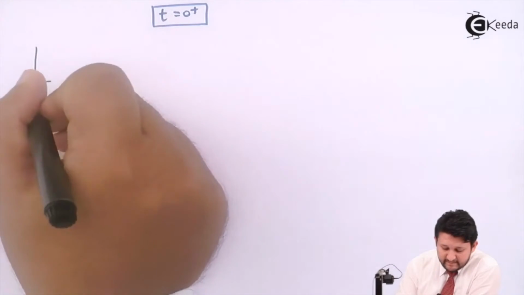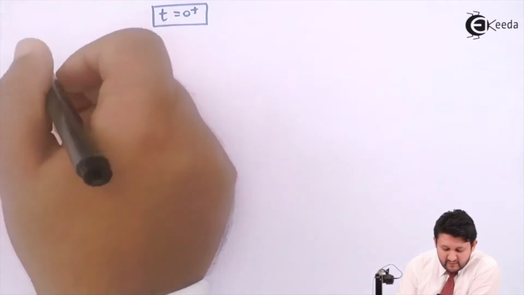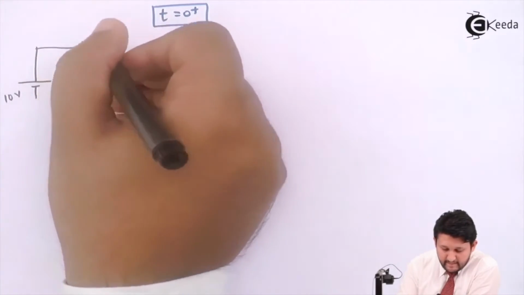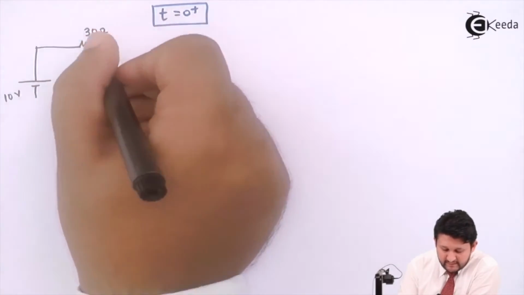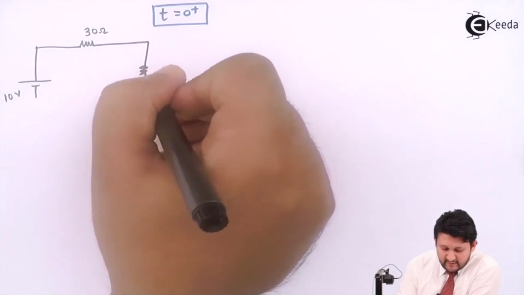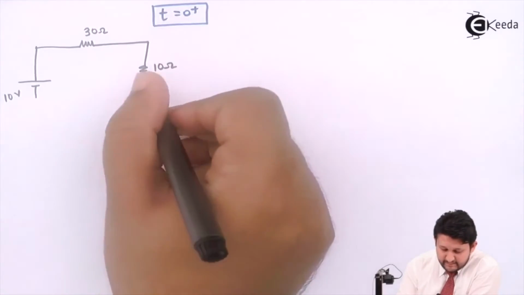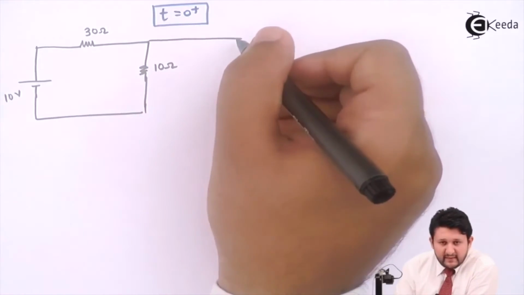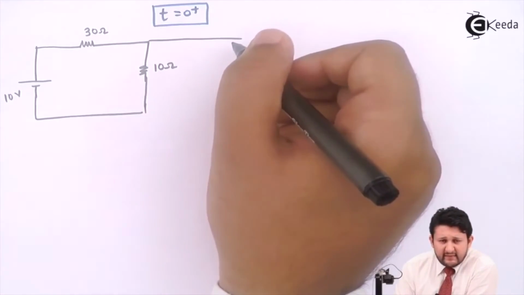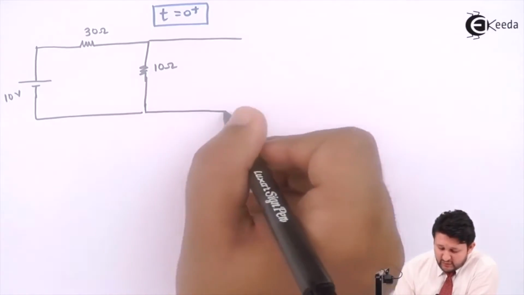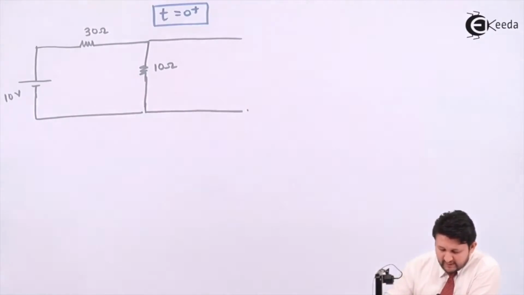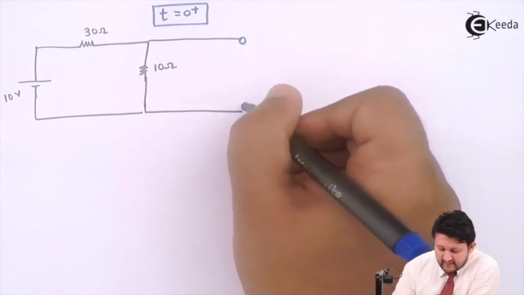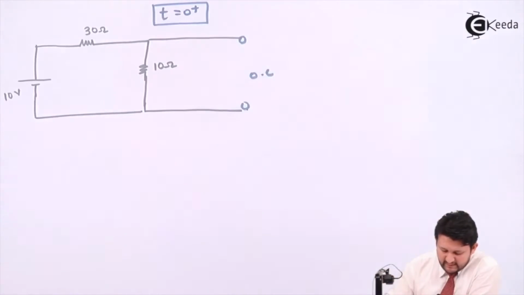So it will be plus minus 10 volt, 30 ohms. Again you get 10 ohms. In this inductor, in the previous case there was no current flowing through it. So initially the inductor will oppose the current. If it opposes the current, your circuit will become open circuit.